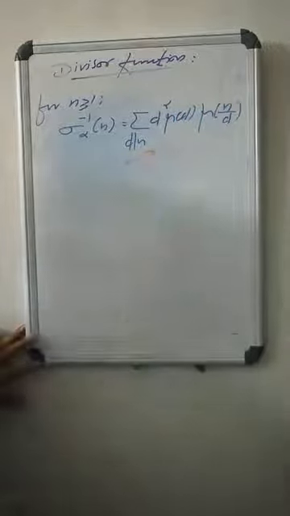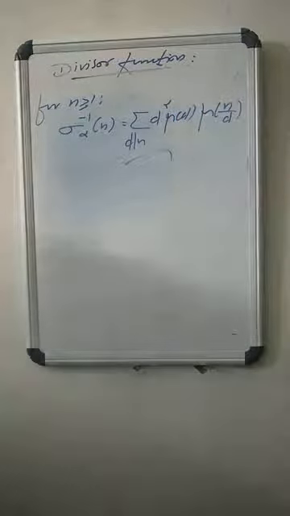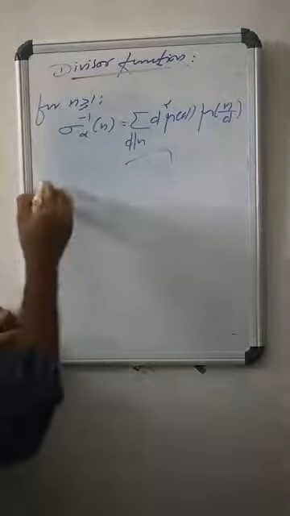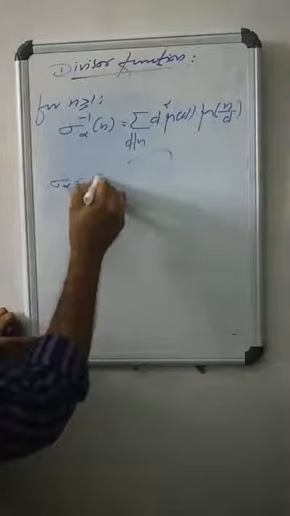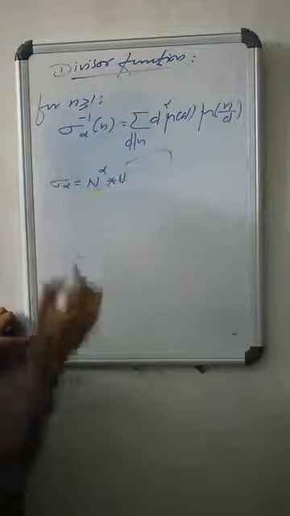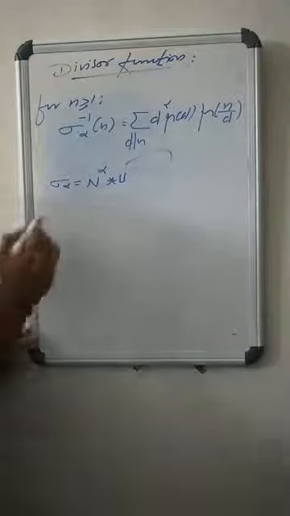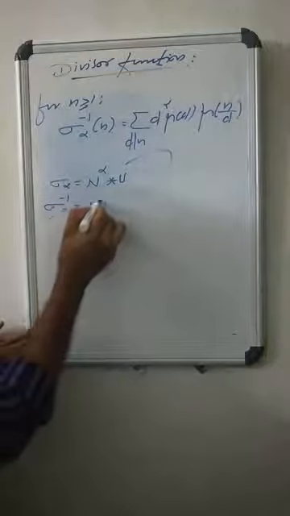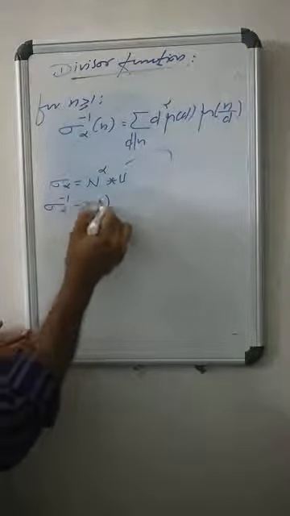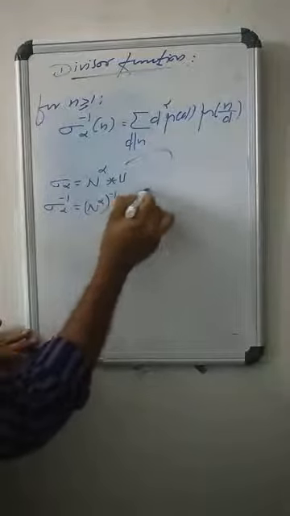The proof is so simple, it depends upon sigma alpha. What is sigma alpha? We know that sigma alpha equals n power alpha star u. Okay, so sigma alpha is multiplicative. So sigma alpha inverse equals n power alpha inverse star u inverse.